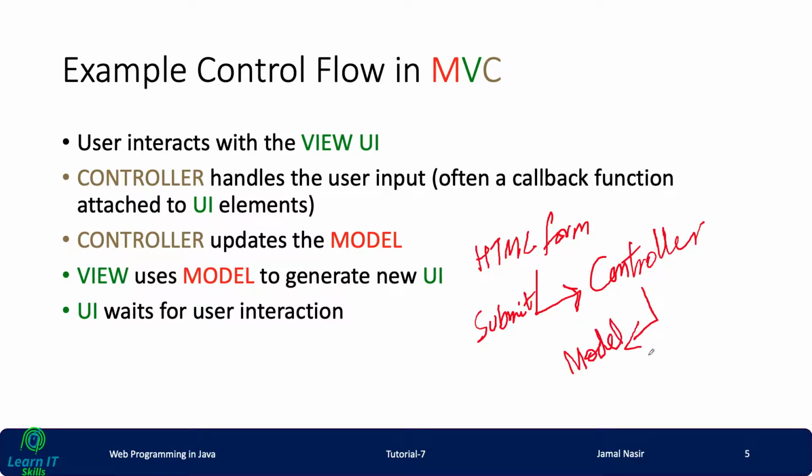and if that model says the user is valid, having a valid username and password, then it will say OK status to the controller. And then controller will ask another model to send or to fulfill the data required for the home page.